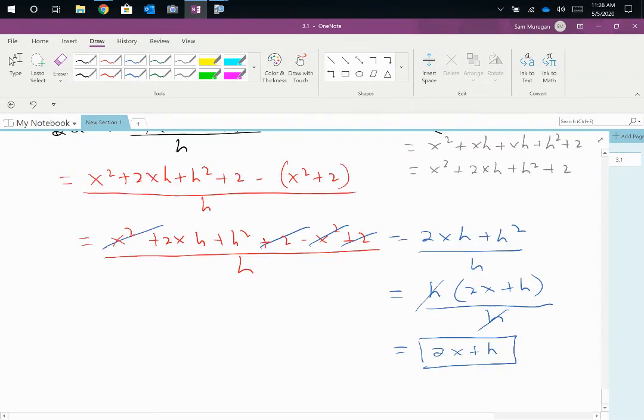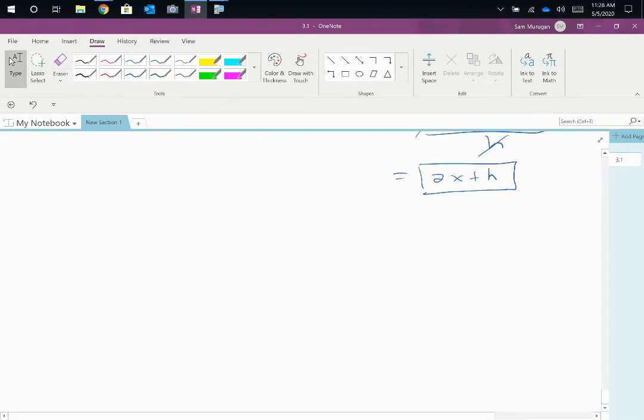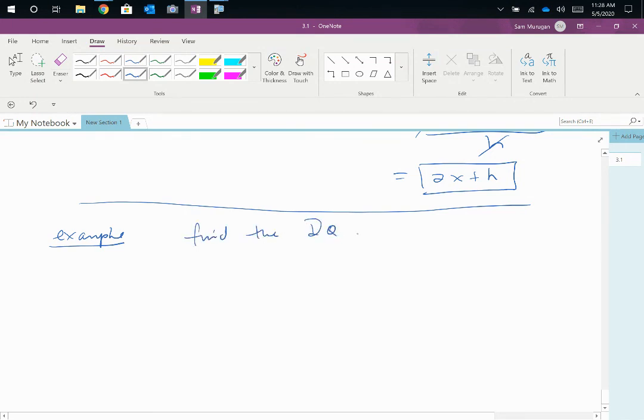I wanted to catch one final example with you. Okay. Example. Find the difference quotient of f of x is equal to negative 3x squared plus 2x minus 5.